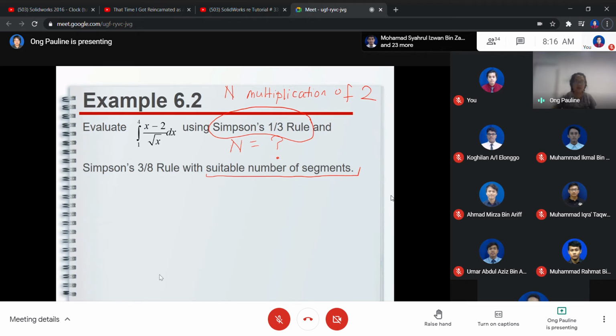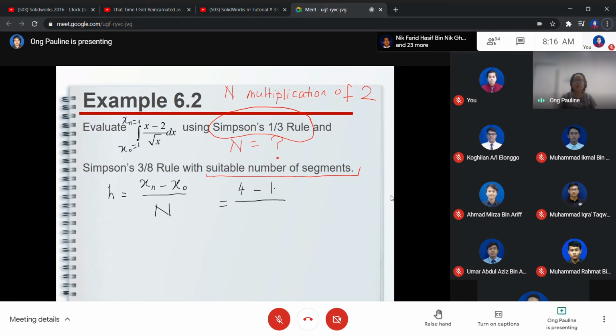So kalau kita lihat rumus step size H, H has been given as Sn minus S0 divided by N. S0 is the lower bound of the integral and Sn is the upper bound of the integral. So for this question, you have the upper bound as 4 and the lower bound S0 as 1.